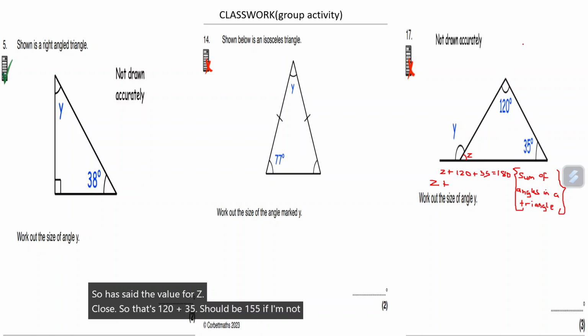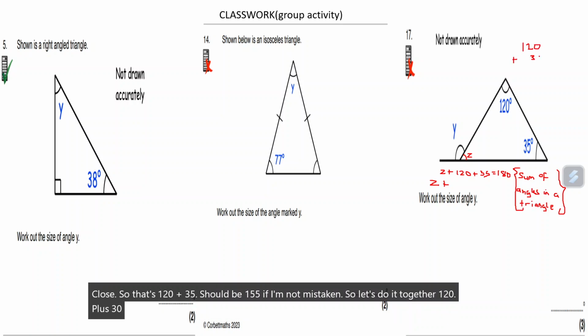So let's do it together. 120 plus 35 is 155.